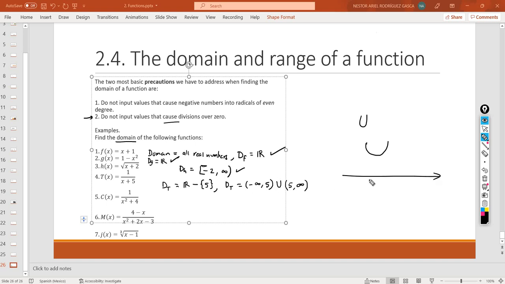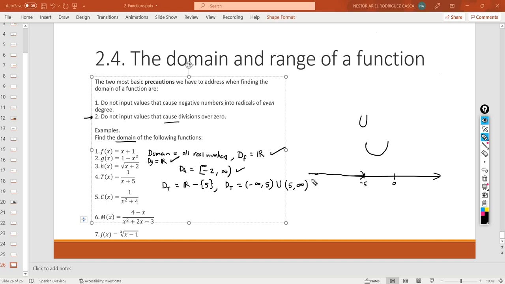We are joining. If this is 0, let me put here -5. This first interval, or this first set of numbers, goes from -infinity. It's coming from the left, and it's going to stop right here, but it's going to exclude the -5. We have to exclude -5, remember, from this domain.